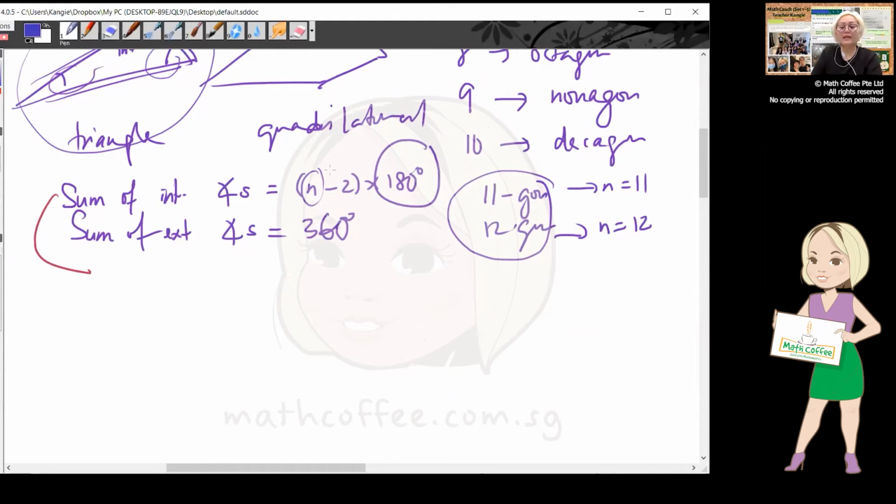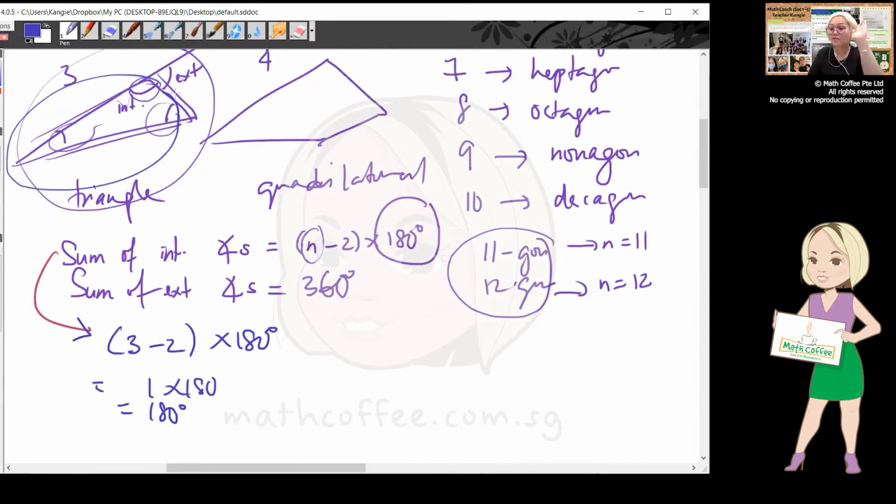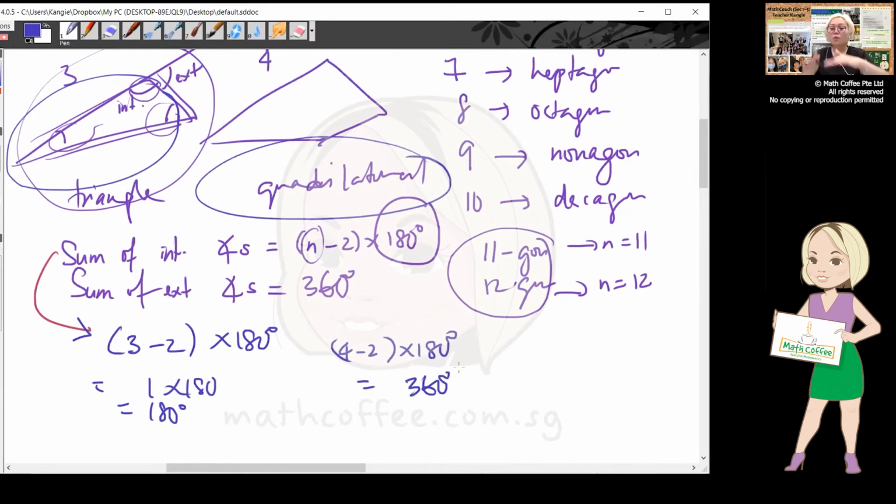If it's a triangle, it has 3 sides, so I apply this formula: (3 minus 2) multiplied by 180 degrees. 1 times 180 degrees gives you 180 degrees, correct? That is why the sum of interior angles inside a triangle is 180 degrees. Everyone knows that. A quadrilateral is four-sided, so it's (4 minus 2) multiplied by 180 degrees, which is 360 degrees.